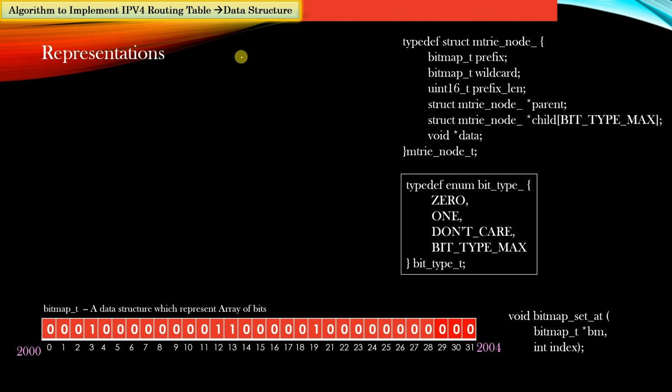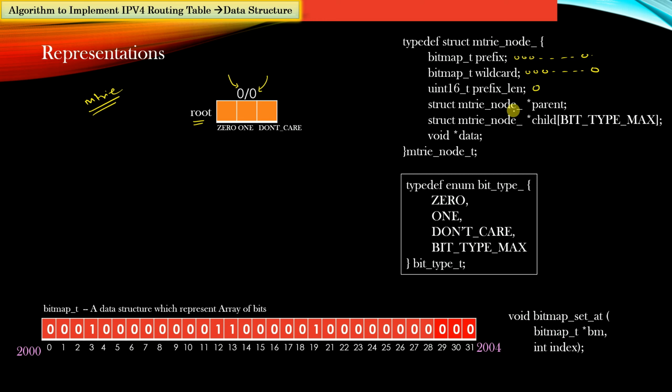And finally, we need to discuss how to represent the root of the mtry. As I said, mtry is a tree and every tree has a root. In our case, our mtry data structure has a root which is a special node and differs from the rest of the nodes in the mtry. This represents the root of the mtry, and the special thing about the root is that it does not have any effective prefix and its prefix len is 0. So this particular bitmap will contain all zeros and the wildcard also contains all zeros.